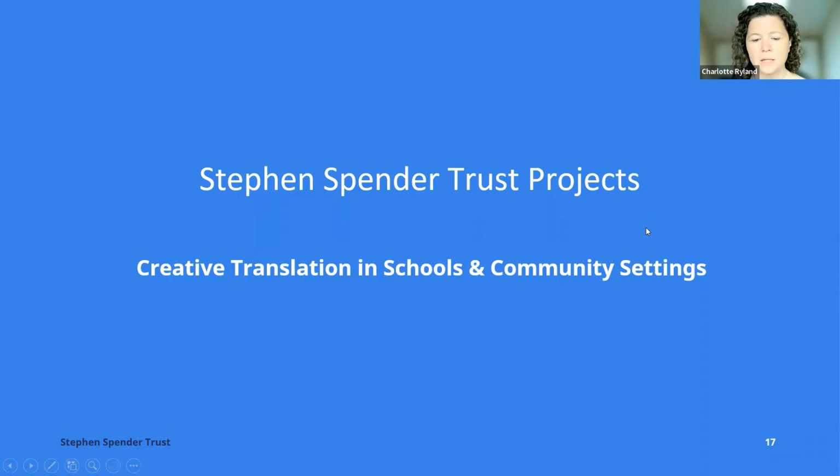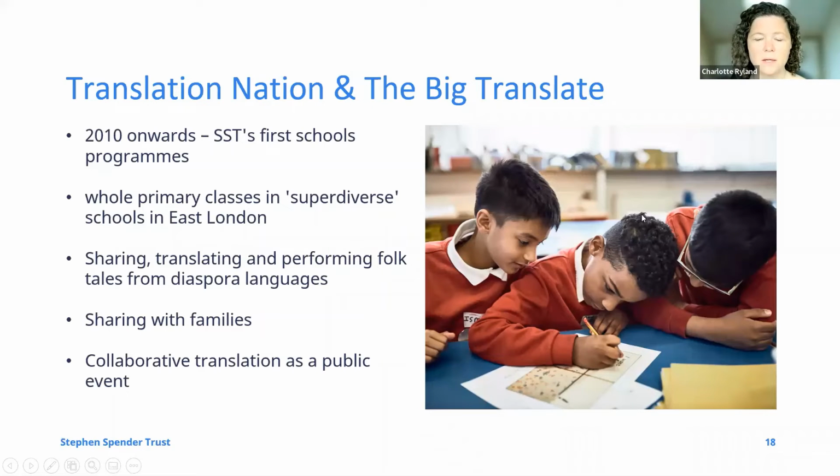This starts with our first project in 2010, which ran in East London in super diverse primary schools. It was called Translation Nation. How this worked was that young people were encouraged to bring in folk tales from other languages. They shared them with their peers, they translated them together, and then they performed them.